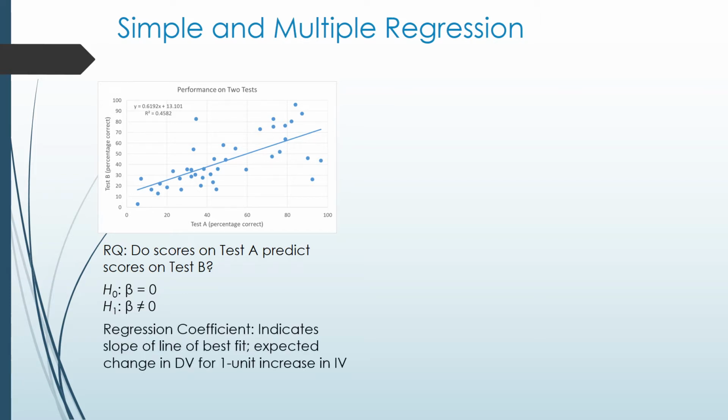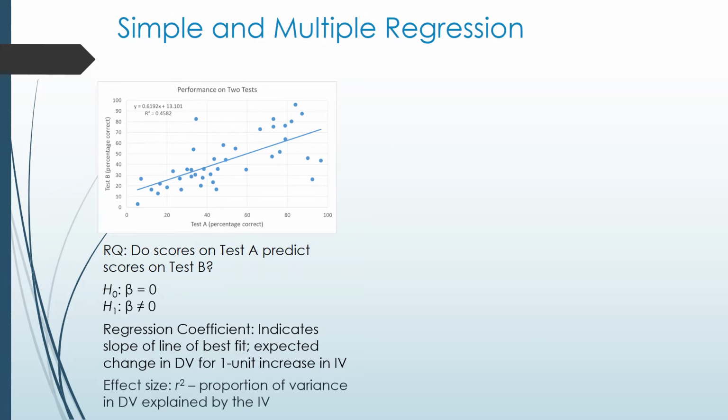equal to 0. And that regression coefficient, the unstandardized one, just the regular b, not the beta, indicates the slope of the line of best fit in the metrics of the measures that were used. It also tells you the expected change in your dependent variable for a 1 unit increase in the independent variable.